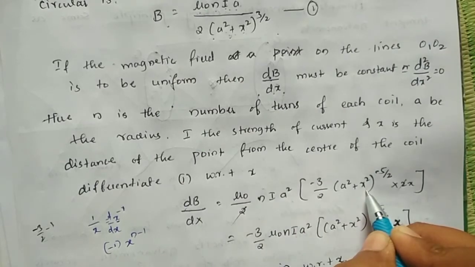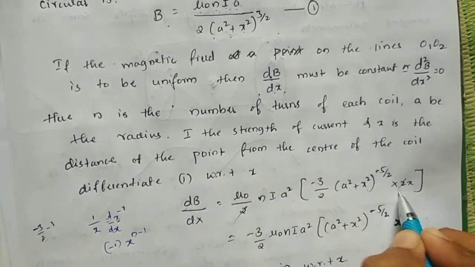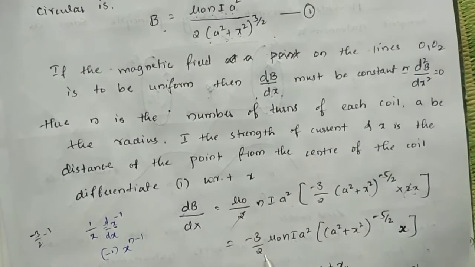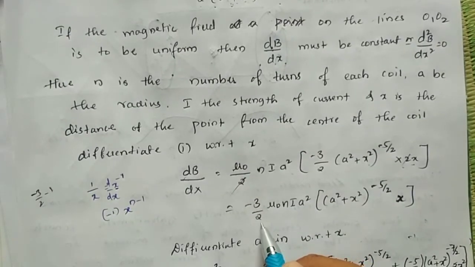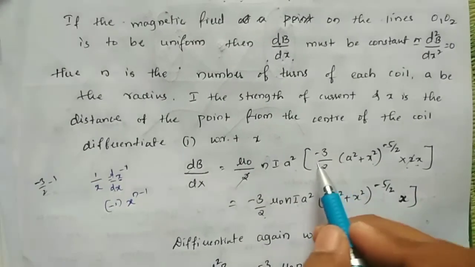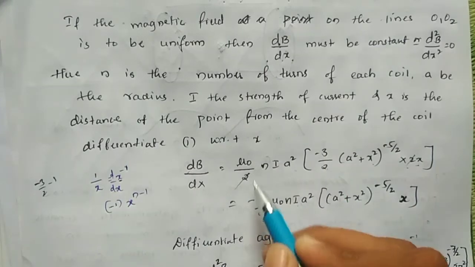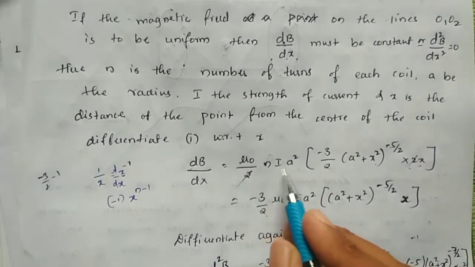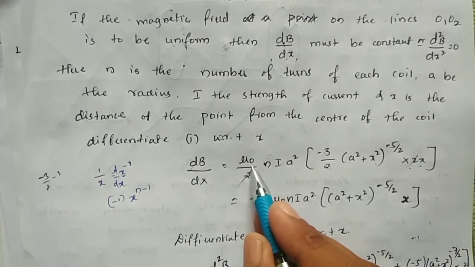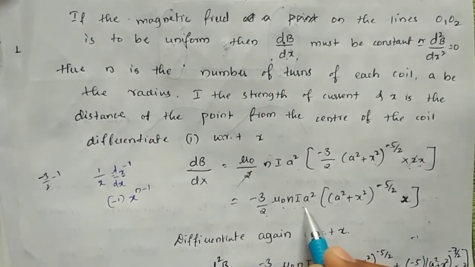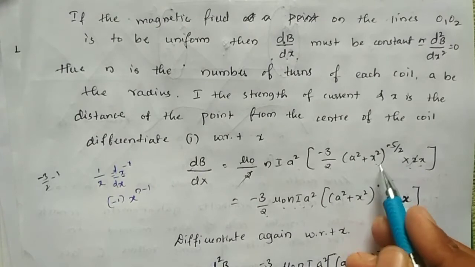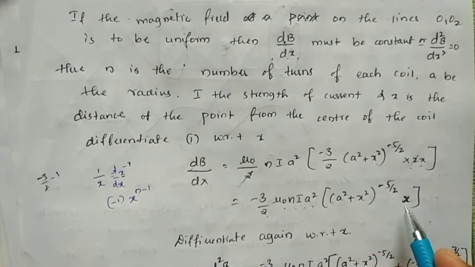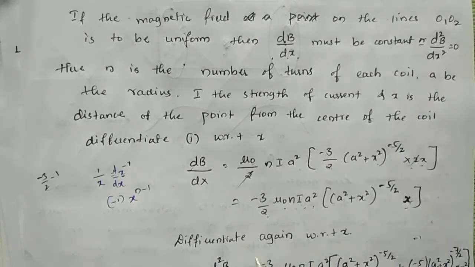With respect to x, you are doing x square into 2x you got. So equal to minus 3 by 2. Take a common minus 3 by 2, and these two will be cancelled. So the remaining term is minus 3 by 2 outside, mu naught n I a square, (a square plus x square) whole raised to minus 5 by 2 into the remaining term x.